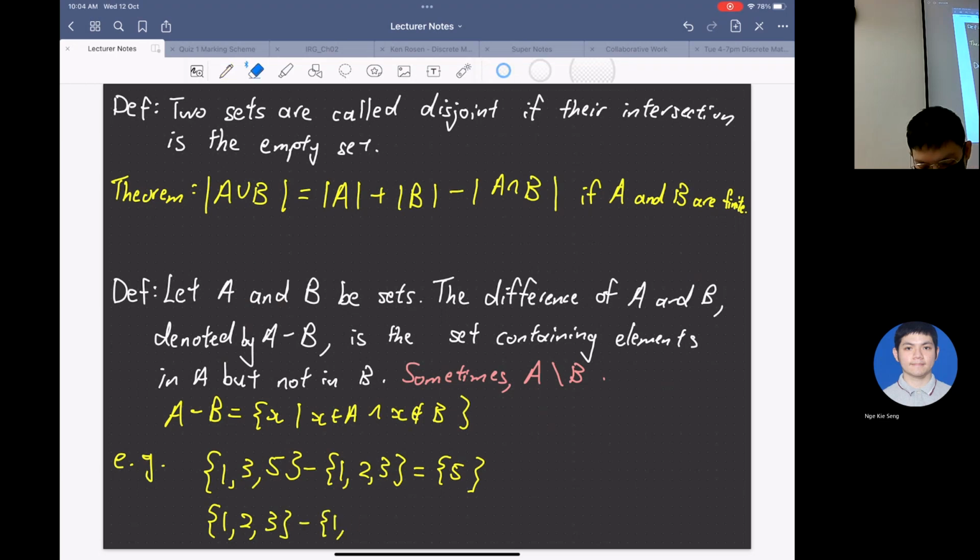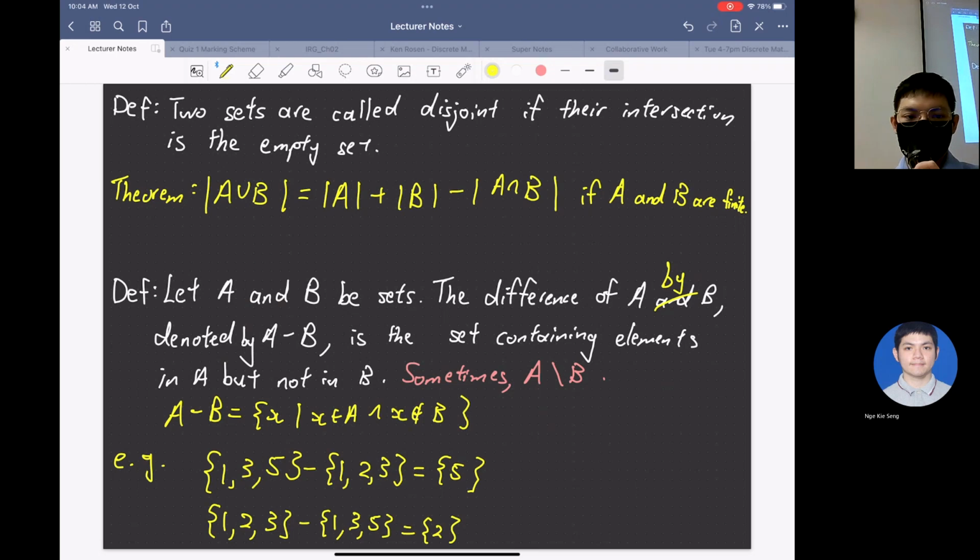What do you get if I swap them? 2. In B but not in A, meaning you take out all these numbers from here. Maybe I write the difference of A by B, because the definition is better for me to write this way.